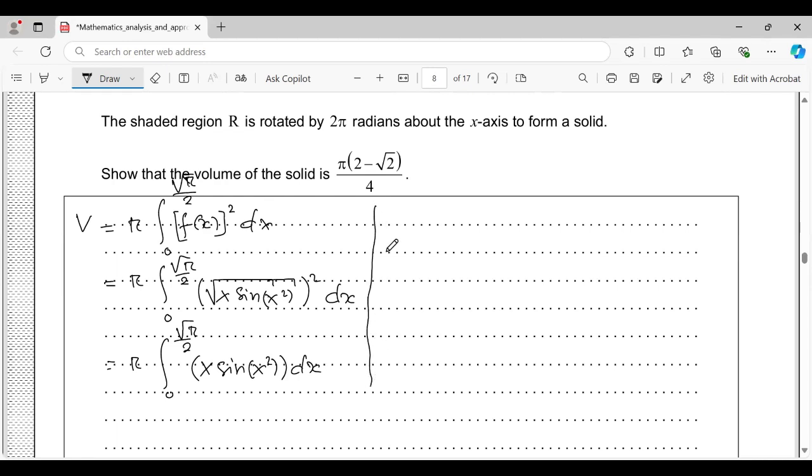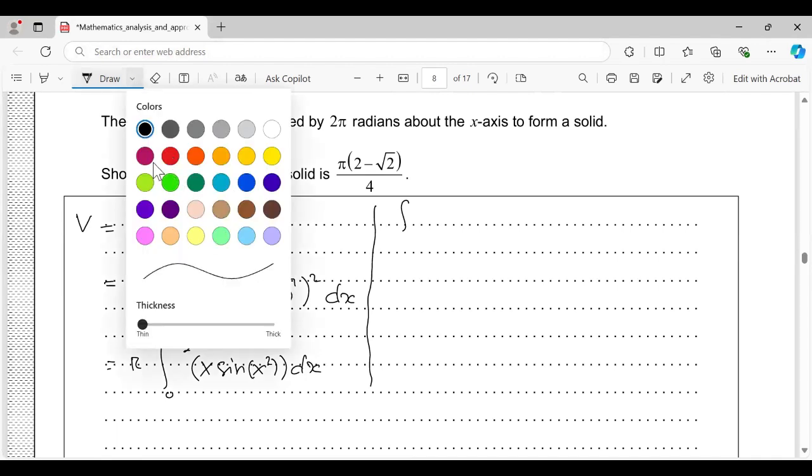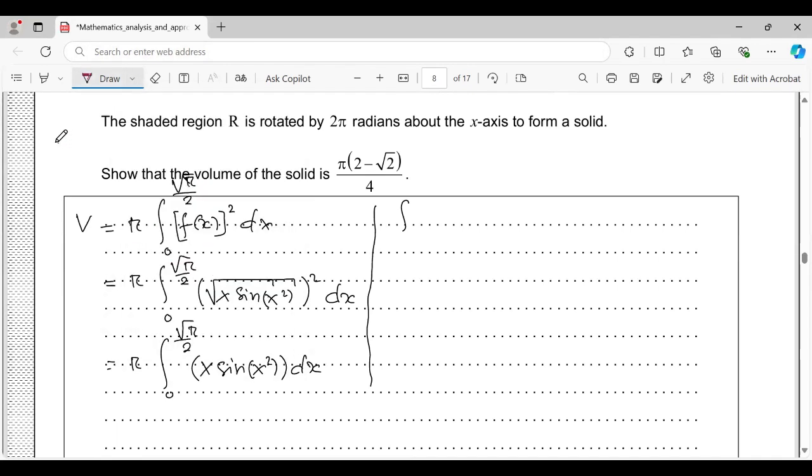I'm going to find the integral of x sine squared x. I'll be using a different color. The integral of x sine x squared dx equals the integral of sine x squared times x dx.